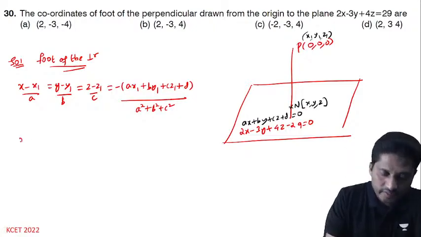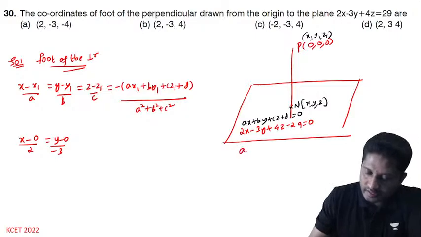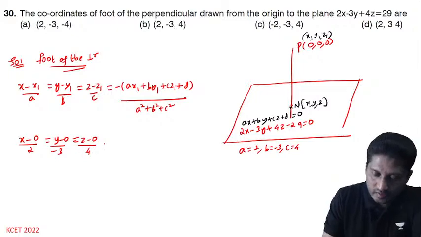Now if I substitute, x minus x1 is x minus 0 divided by a, where a is equal to 2, b is equal to minus 3 and c is equal to 4. Z minus z1 divided by c is 4, is equal to minus of (a x1 plus b y1 plus c z1 is 0, plus d, which is minus 29) divided by a square plus b square plus c square, 4 plus 9 plus 16.